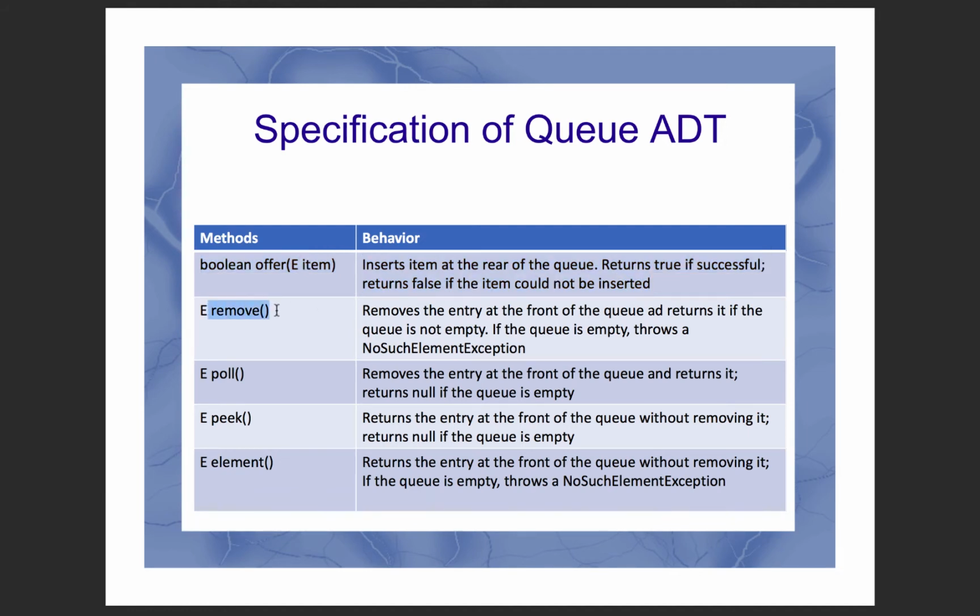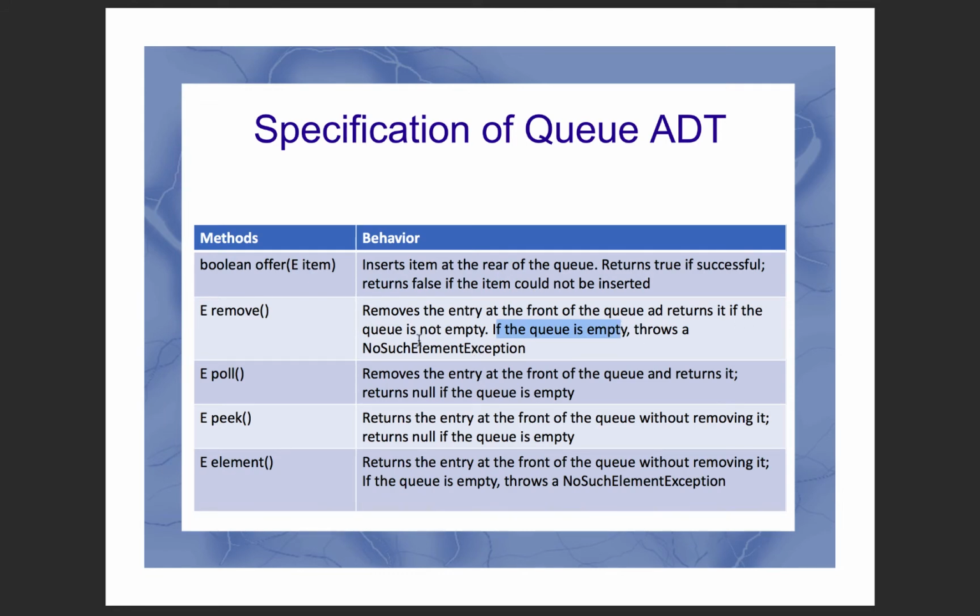So what is the remove method? That makes sense. You remove an element from the queue. Queue has some rules: you have to remove something from the front of the queue. So remove the entry at the front of the queue and return it if the queue is not empty. If the queue is empty, then it throws an exception.